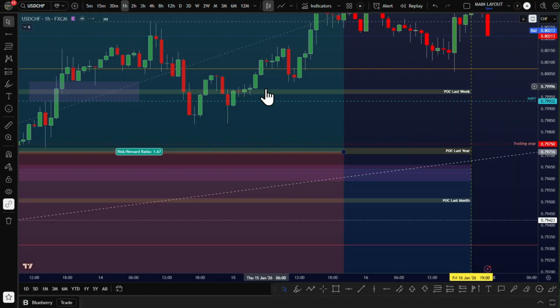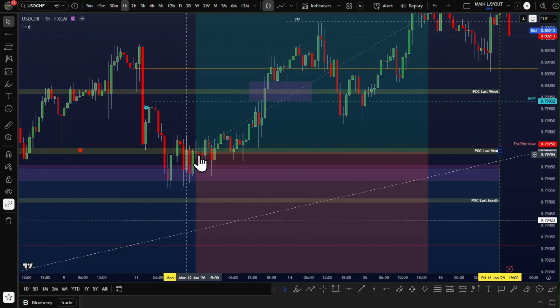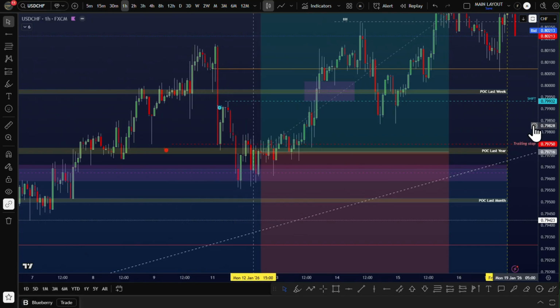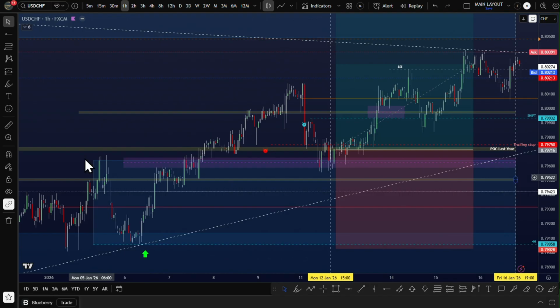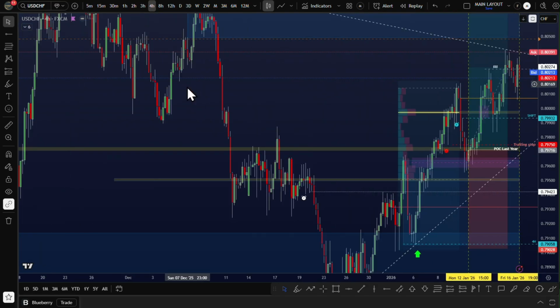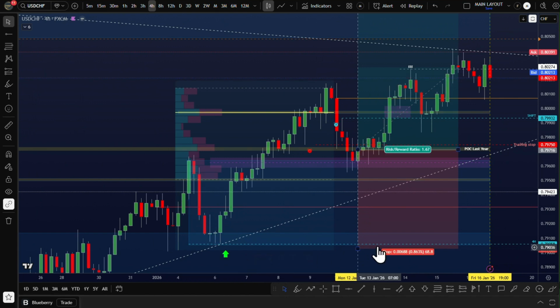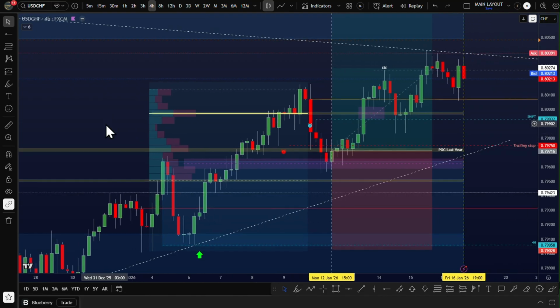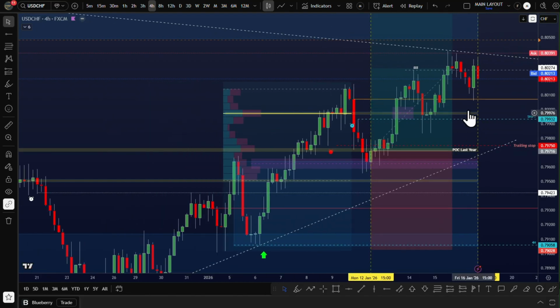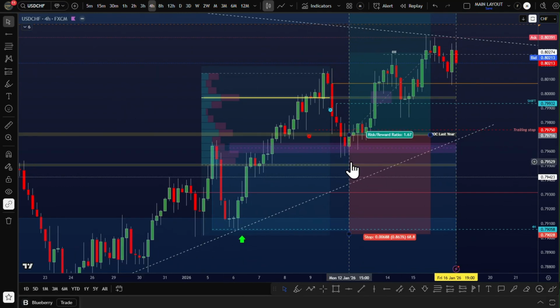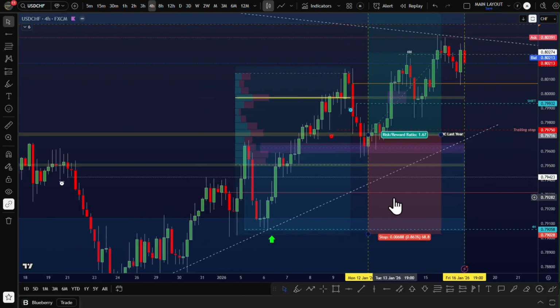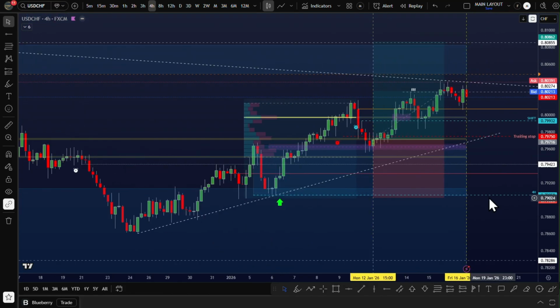So again, I get in somewhere here. I put my stop below this order block we saw in the 4 hour, just to not get stopped out again. You know what's happening. You will say I chef on my first trade. I don't want to be stopped out with some wicks or something like that, so I put a large stop on this one.